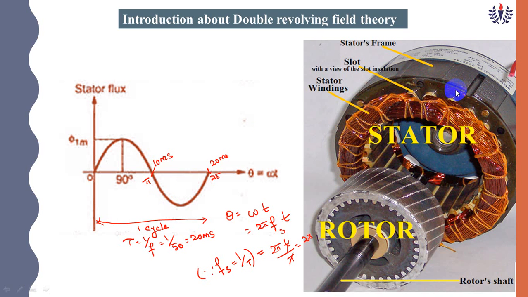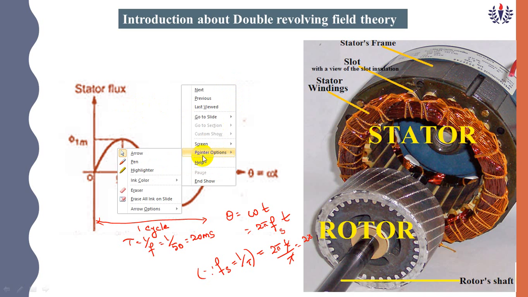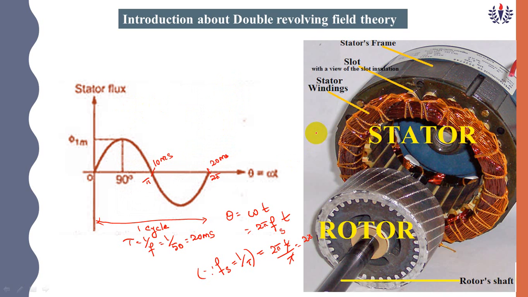Inside the cover there are slots, which is the stator. This line, this portion, is a slot, which will be shorted, and the outward end of the slot is the winding. In the stator winding only, we have to set the synchronous speed.